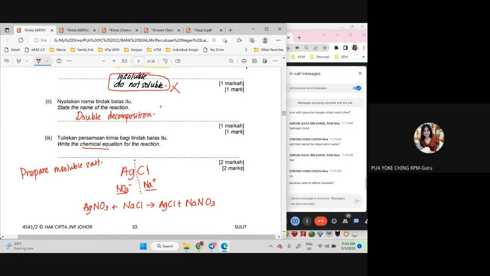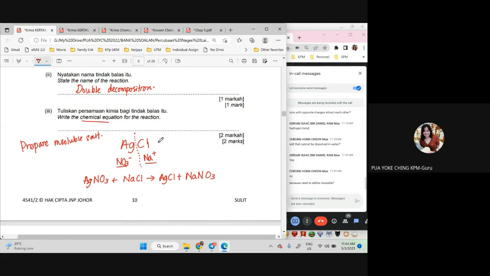Sebab nitrate dan sodium is always soluble. Okay, dia adalah yang sentiasa larut. So, tak payah fikir banyak-banyak. Kalau you nak fikir banyak, bolehlah you carilah Ag siapa yang larut, Cl siapa yang larut. You must have both aqueous salt solution. Baru boleh double decomposition.